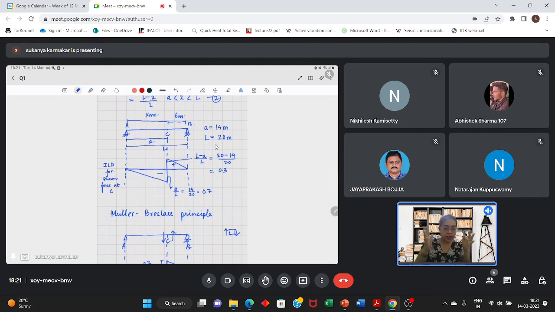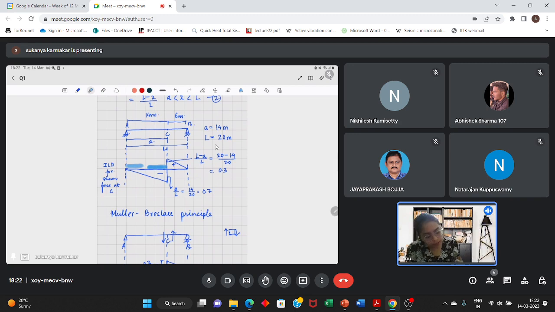It can either cover the entire 5-meter length, either it can lie in this portion, like it can lie here. Why will it lie here and not lie here? Because under a uniformly distributed load, you get the reaction from this ILD by multiplying the area of this influence line diagram with the intensity of the load.